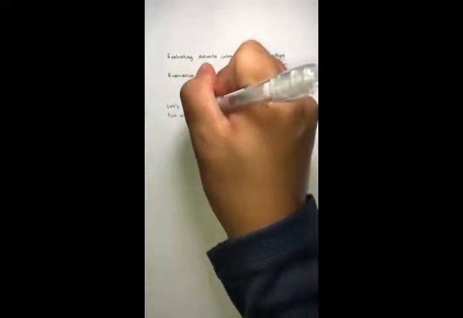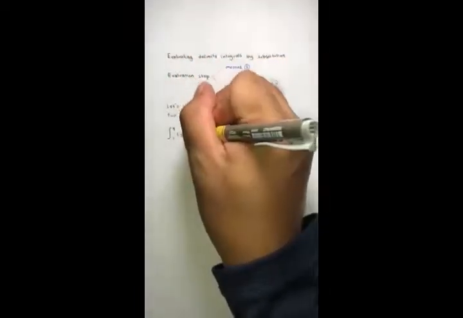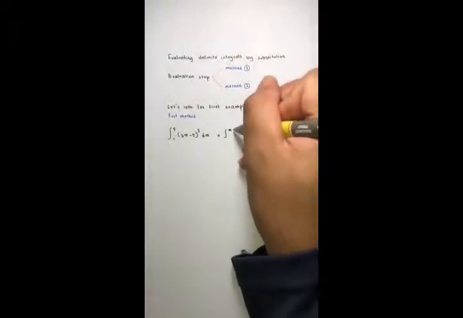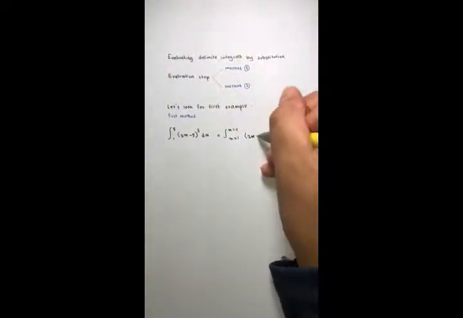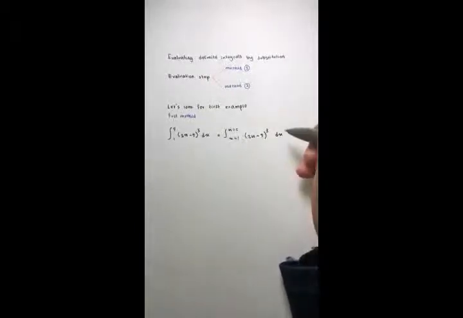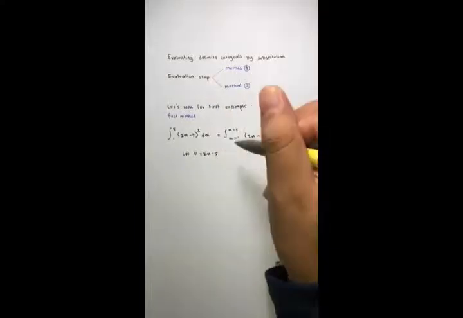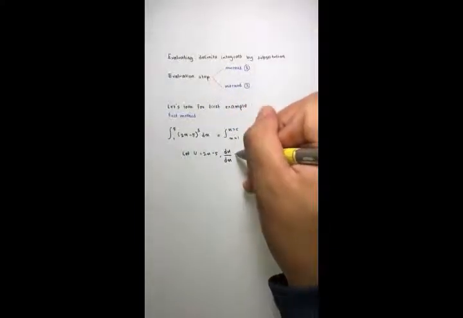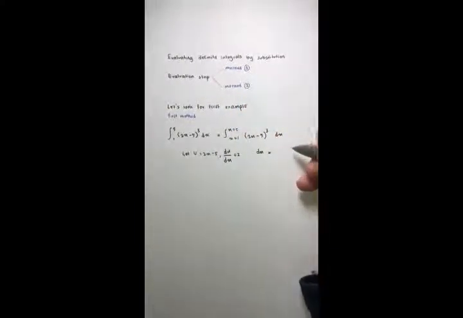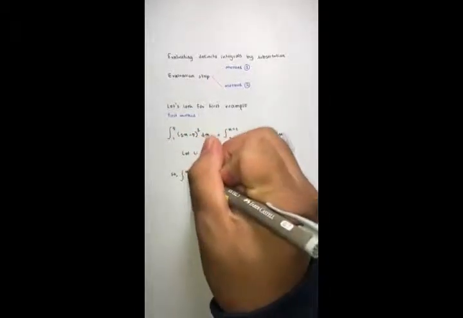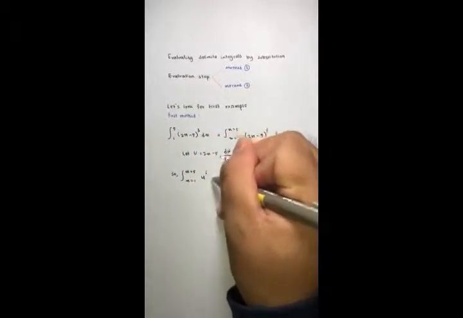For the exercise, we will do the first method. It is the integral from 1 to 5 of (2x minus 5) cubed dx. Then we let u equal 2x minus 5, so du over dx equals 2 and dx equals 1 over 2 du. We rewrite the question, replacing with u.